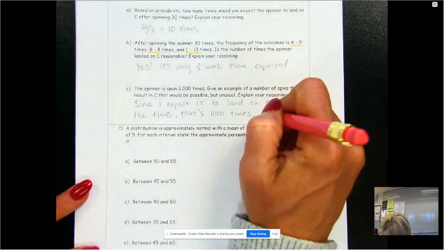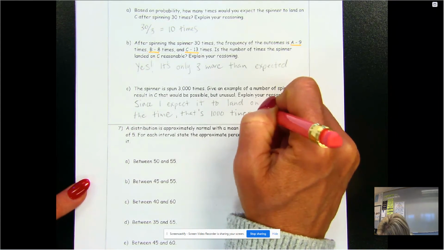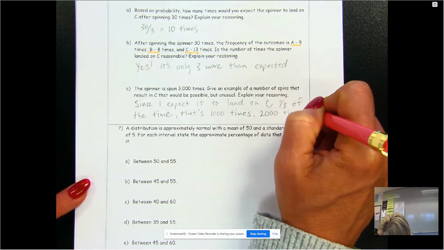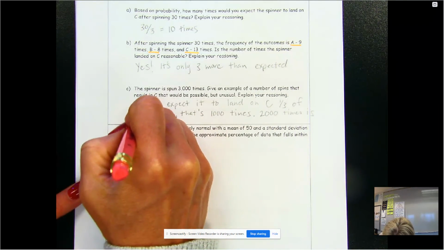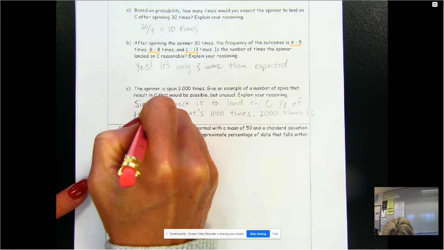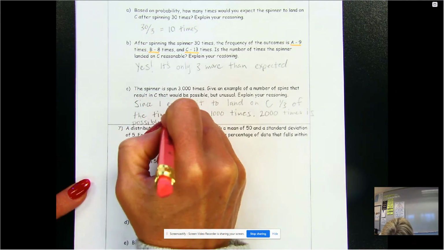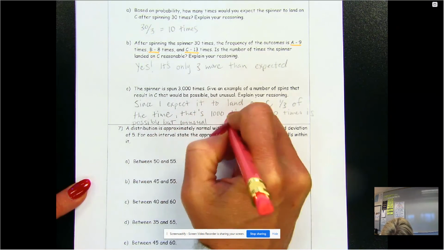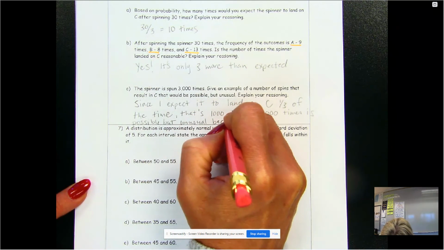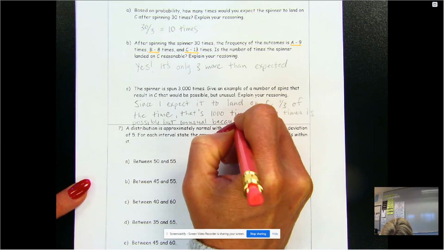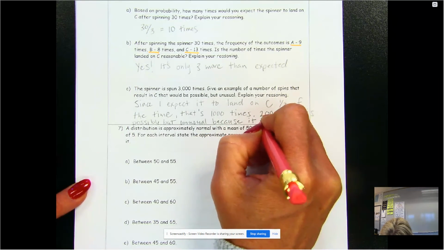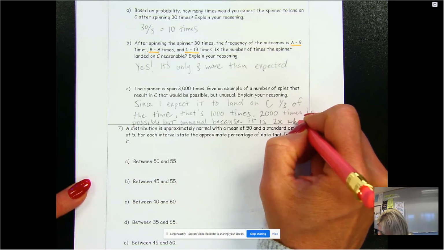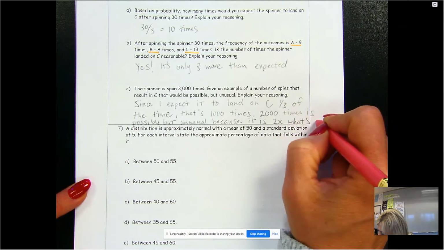So, I would say 2,000 times is possible, but unusual, because it is 2 times what's expected.